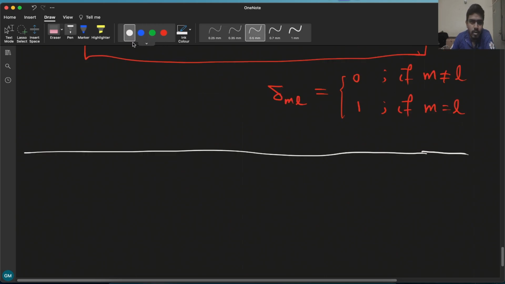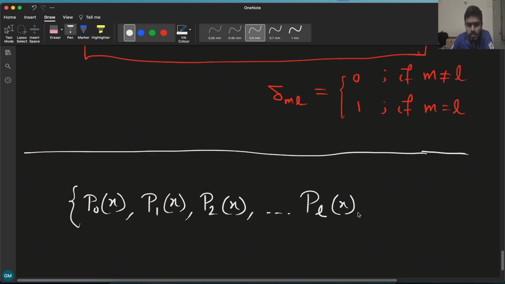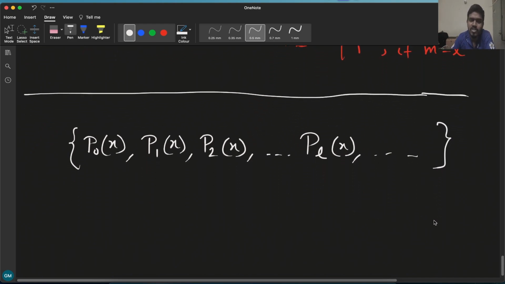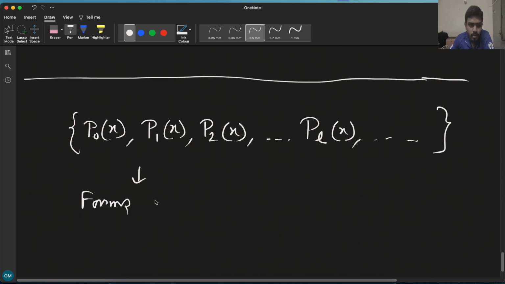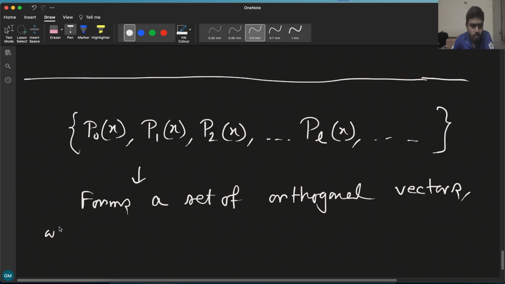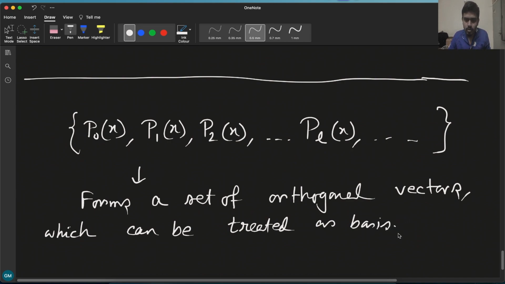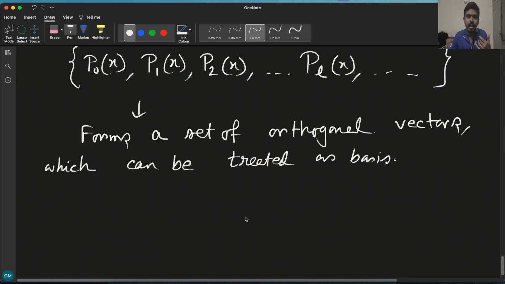That means P0(x), P1(x), P2(x), and so on up to PL(x), an infinite number of these Legendre polynomials, form a set of orthogonal basis vectors, which can be treated as a basis.